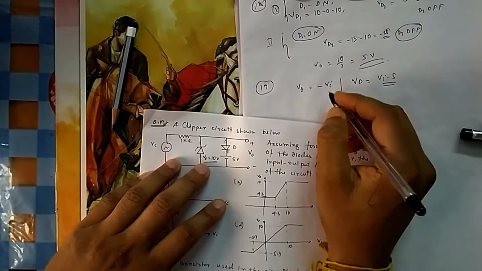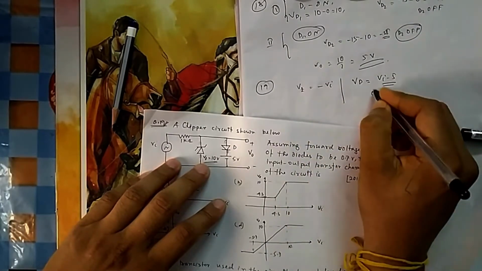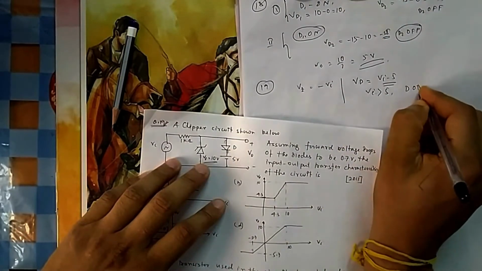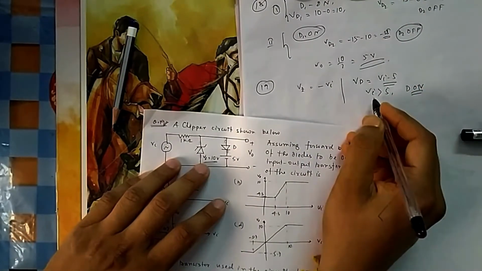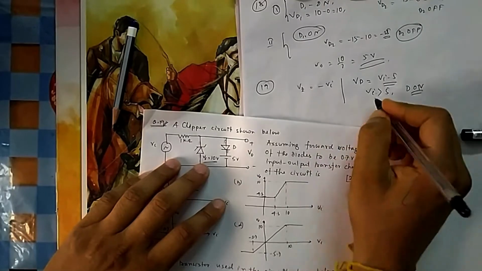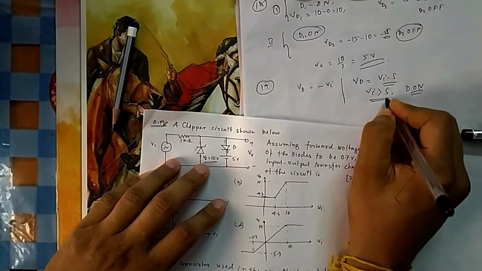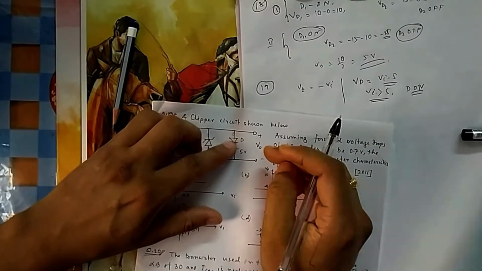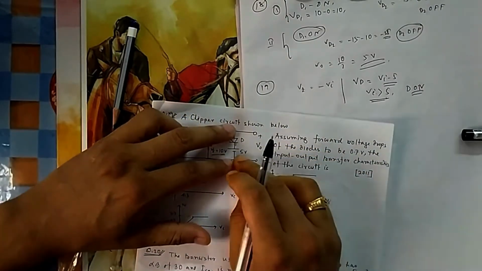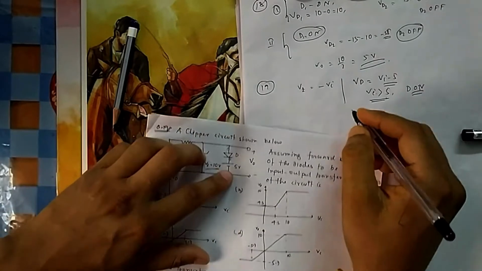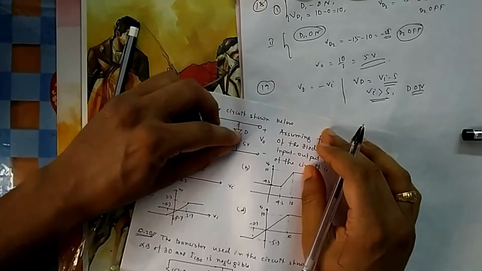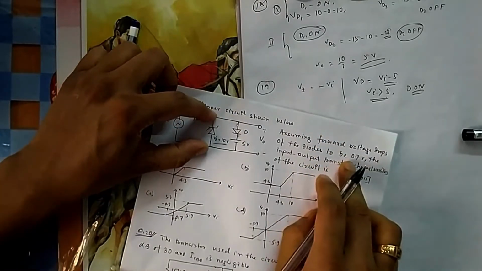And here if your VI is greater than 5, then the diode D is on. So which one will come first, 5 or 10? Obviously 5 will come first, so VI will cross 5 first. Once VI crosses 5, this diode is on. Once this diode gets on, then your output voltage is 5 plus the drop. Once this is on, this voltage is fixed, because 5 plus this drop will come since they have given some drop.